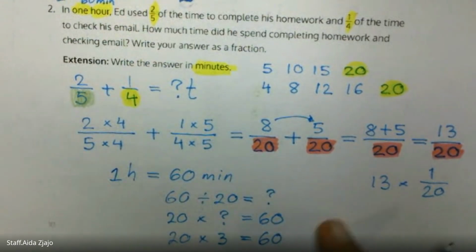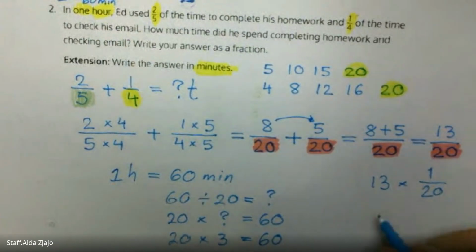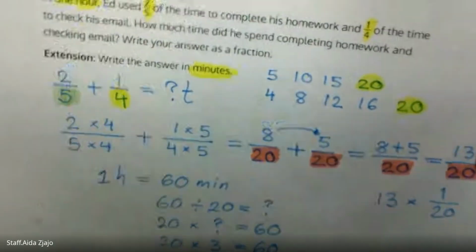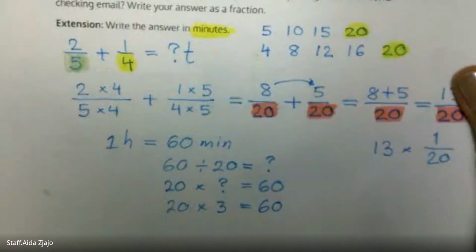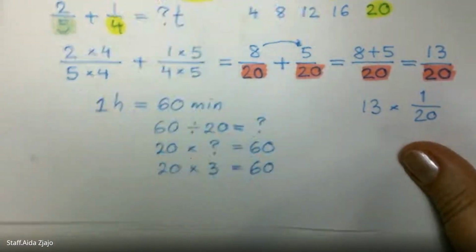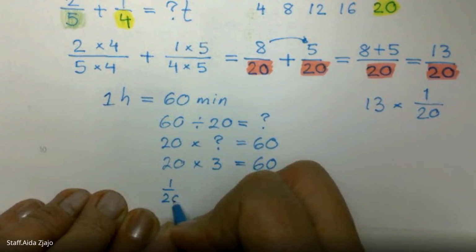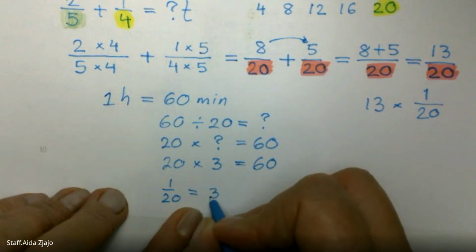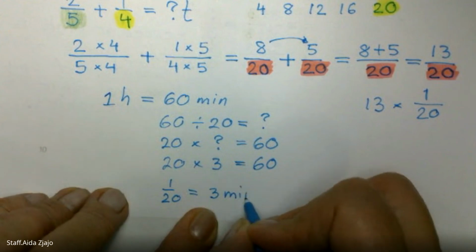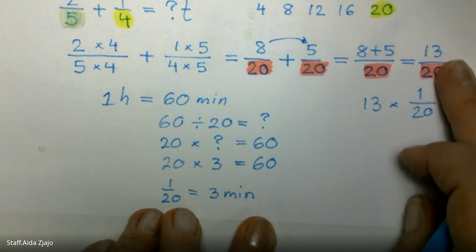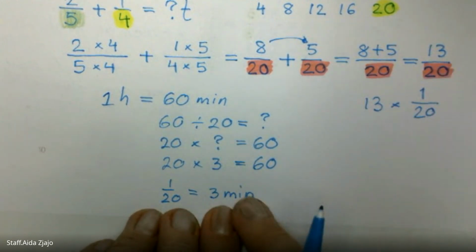So 1/20th represents 3 minutes. Okay, I'm going to make it a little bit bigger. So 1/20th equals 3 minutes. We have 13 20ths, so we have 13 times 3 minutes.